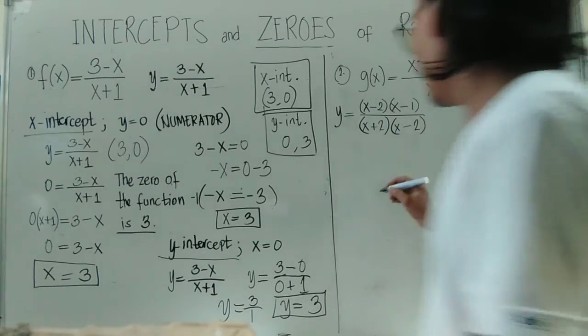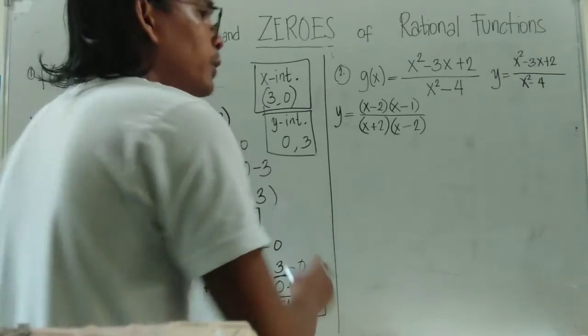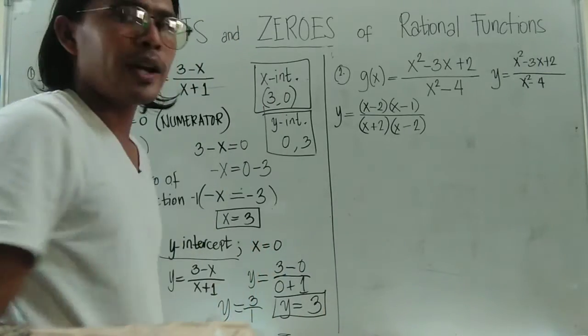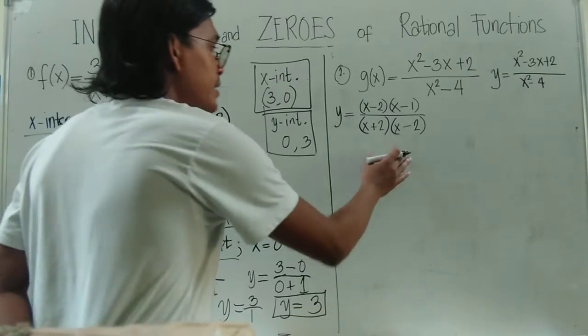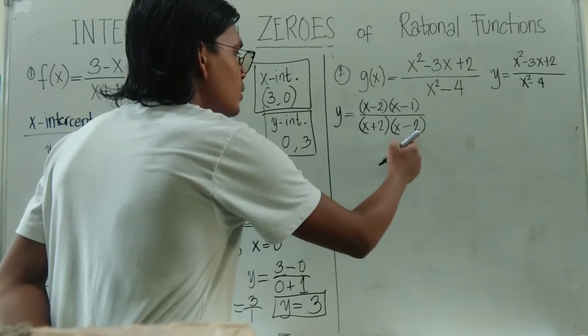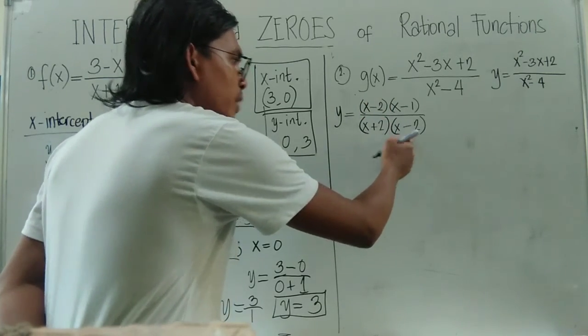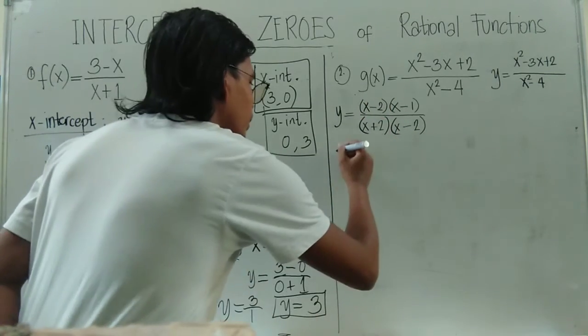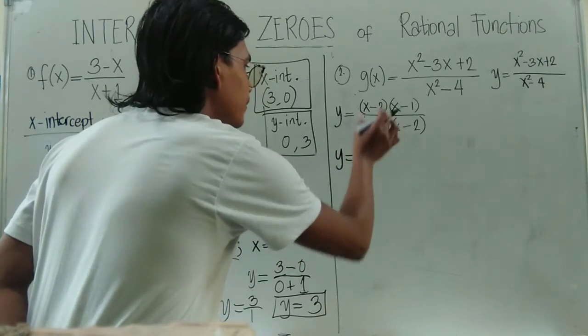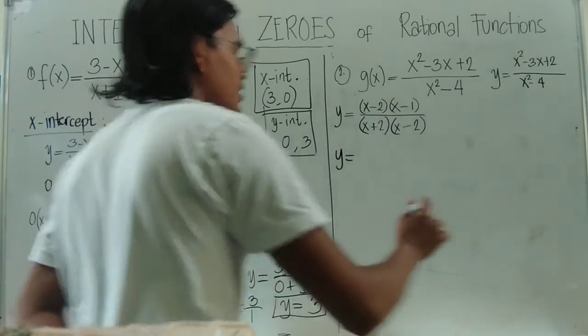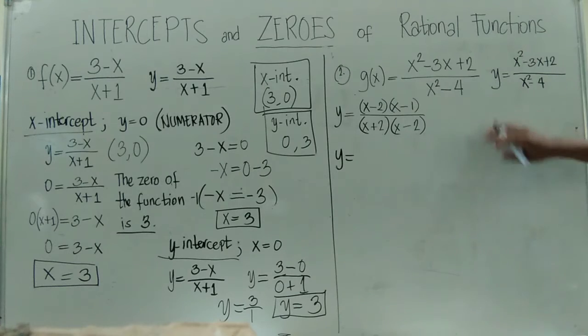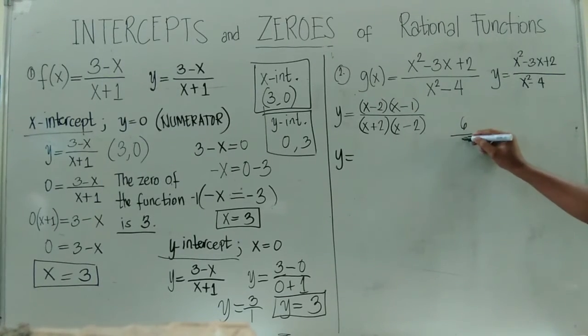Just look at whether there are common factors between your numerator and denominator. In this case, the common factor is x minus 2 in the numerator and x minus 2 in your denominator. So dividing it is just like this. I will give you an analogy. For example, we have 6 over 8.